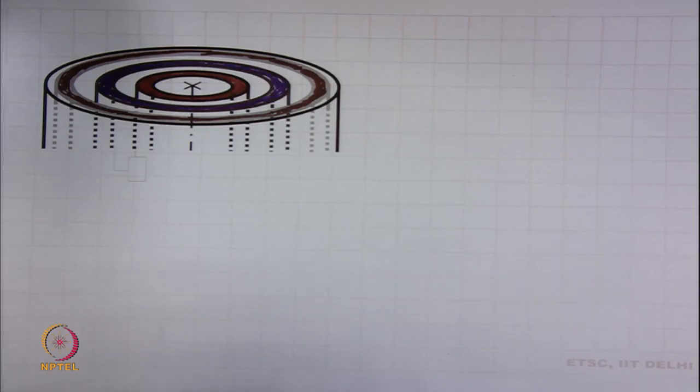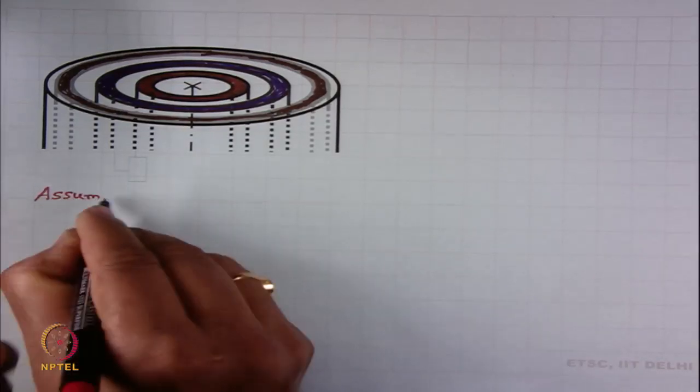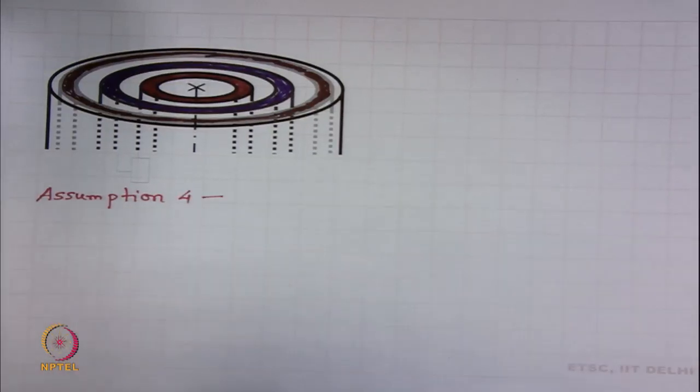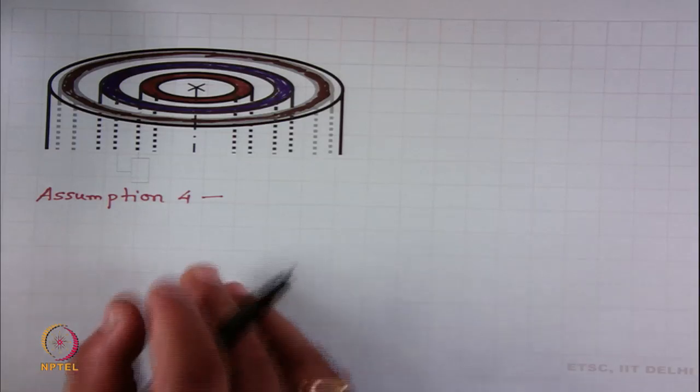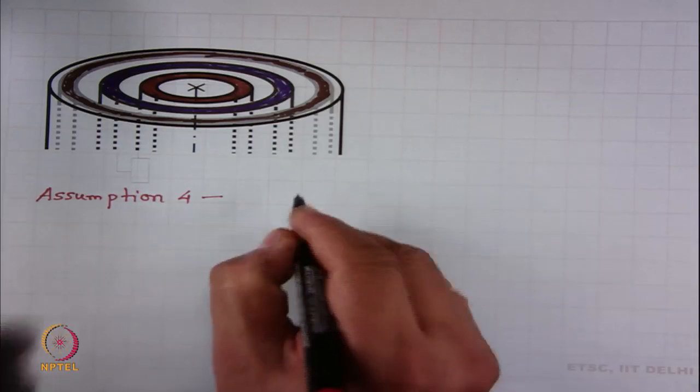So, in this model, assumption 4 is modified. What is this assumption 4?